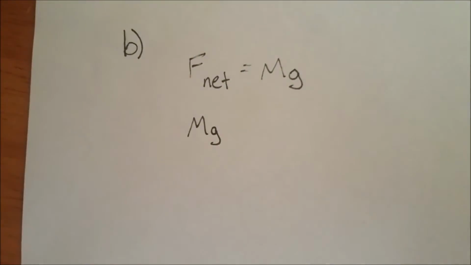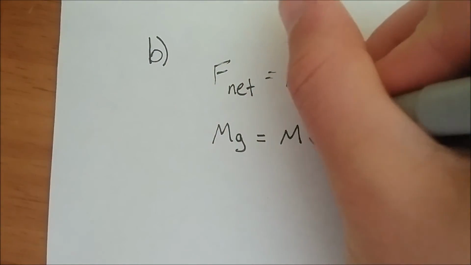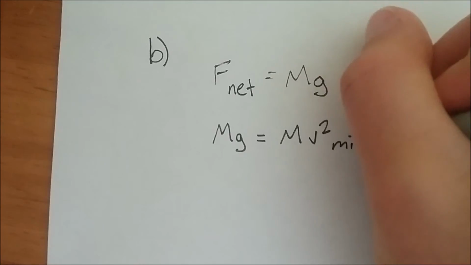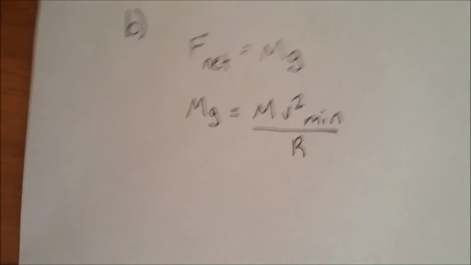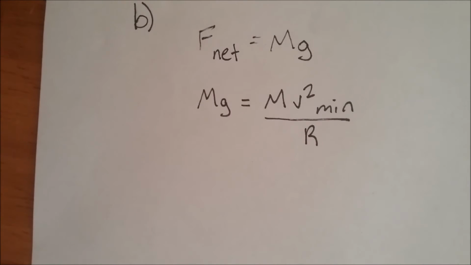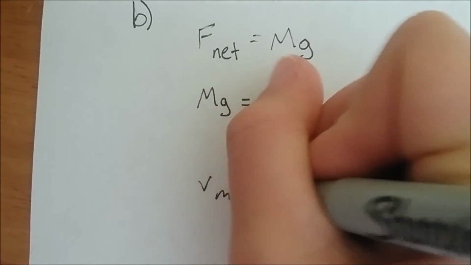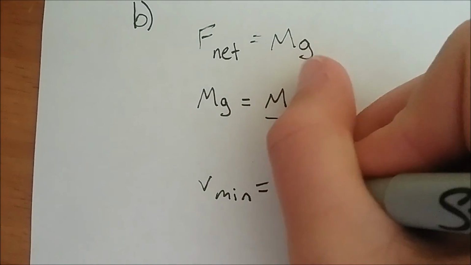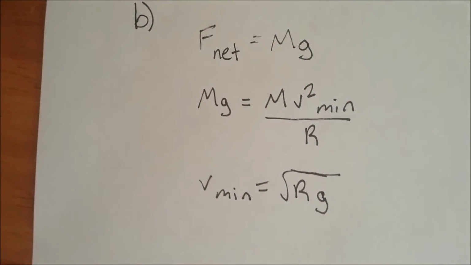We also use the equation mg is equal to the mass times the minimum velocity squared over the radius. By simplifying, the m's cancel, and we take the square root, and then we end up with the minimum velocity is equal to the square root of the radius times g.